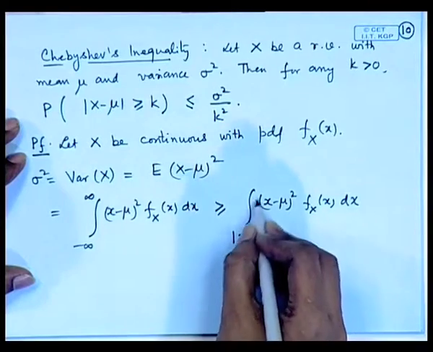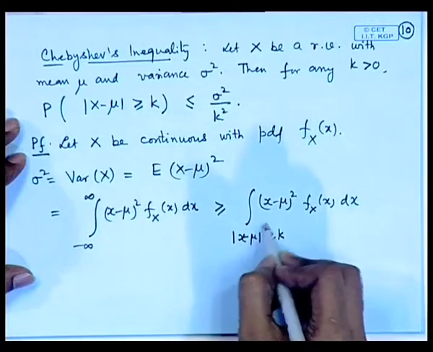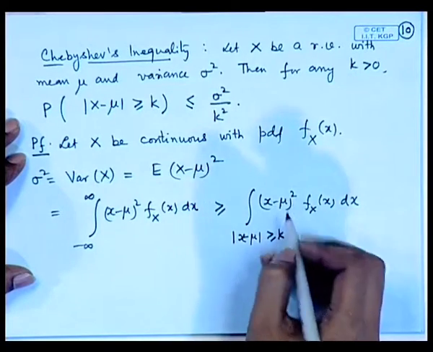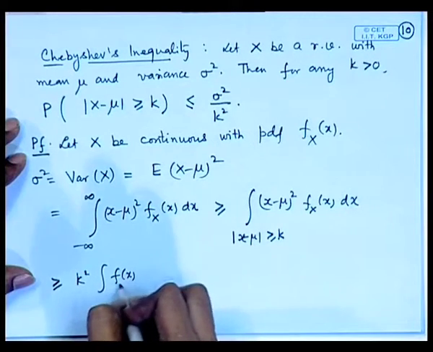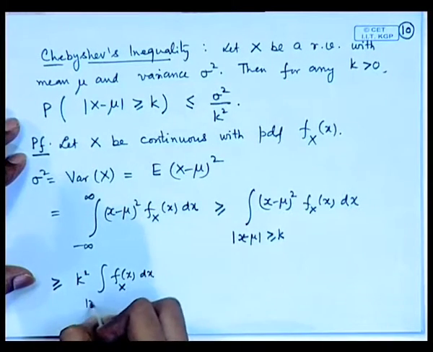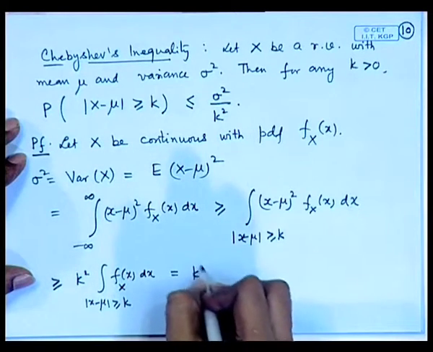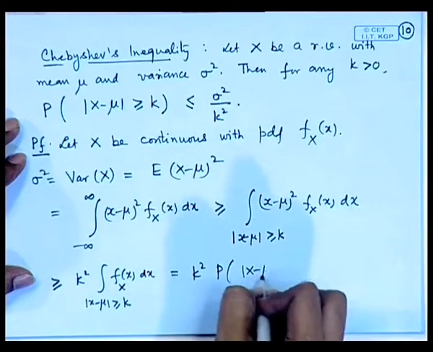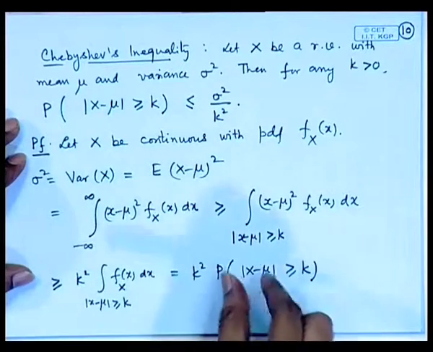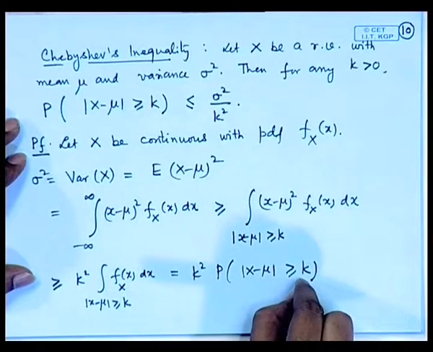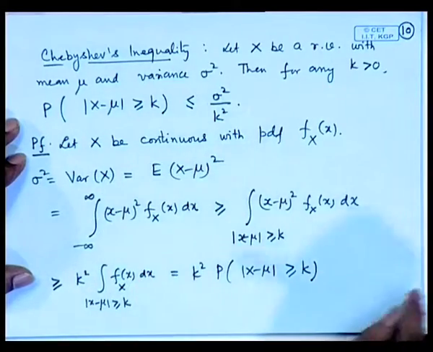So, if we reduce the region of integration, the value will become smaller. Now, on this region x minus mu whole square is greater than or equal to k square. So, we can replace by that. And this is nothing but probability of modulus x minus mu greater than or equal to k. So, as a consequence, probability of modulus x minus mu greater than or equal to k is less than or equal to sigma square by k square.